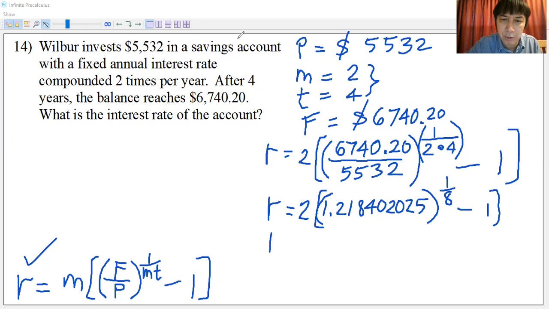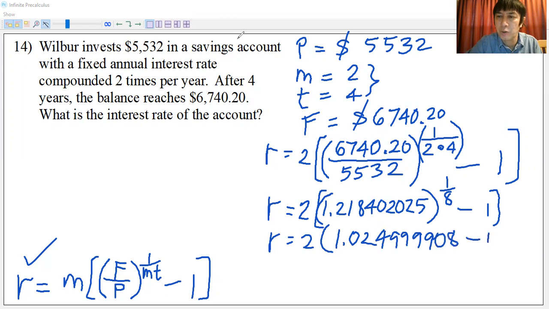So this is R. You have 2 times the quantity 1.0299908 minus 1 there. So we subtract the 1 and then times 2.